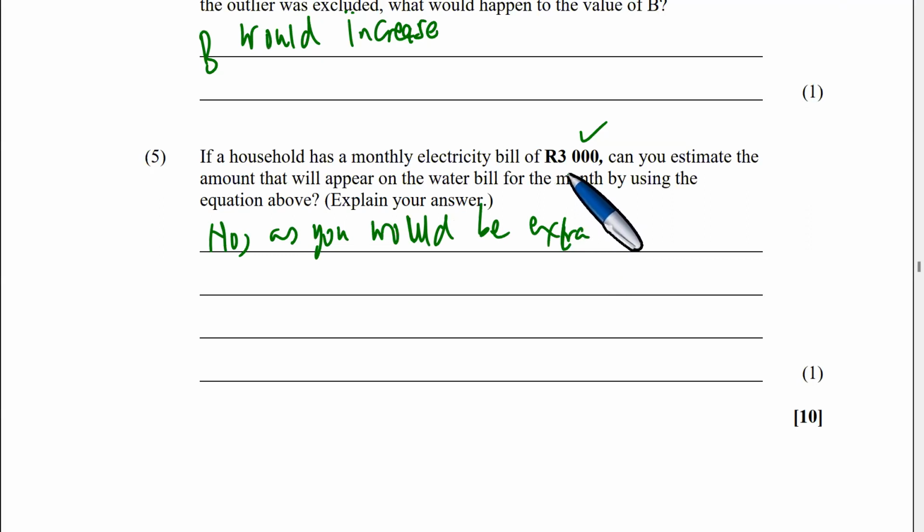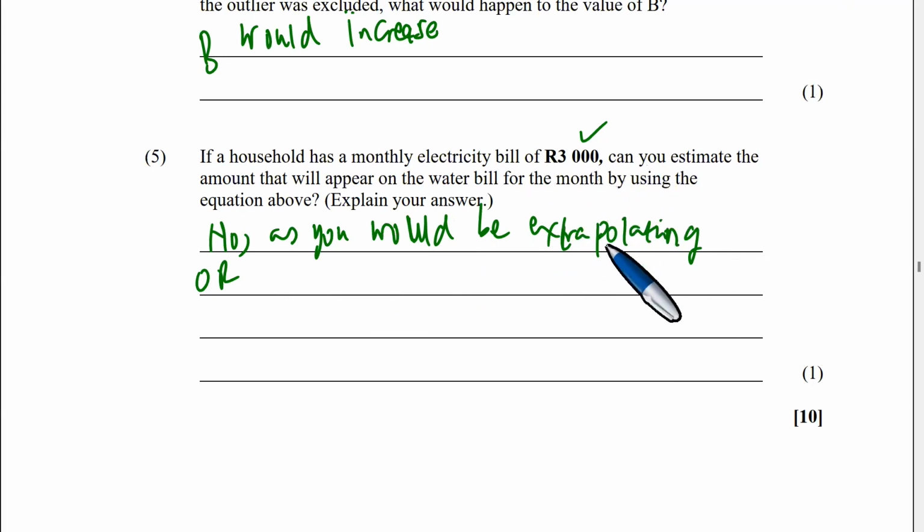So it is extrapolation. We started things from 100 rand to 1,000 rand. It's called extrapolation when we now want to study things outside. So as you would be extrapolating, you'd be wanting to extend the graph beyond the limit of 1,000.